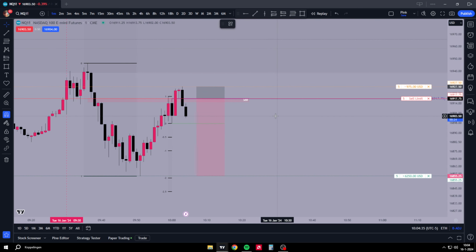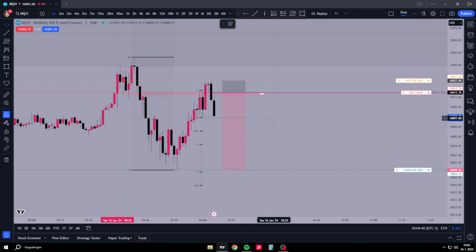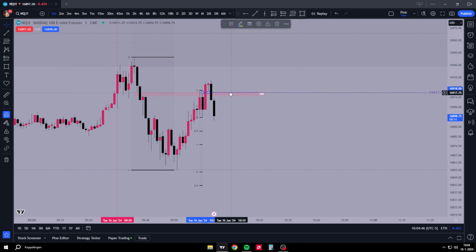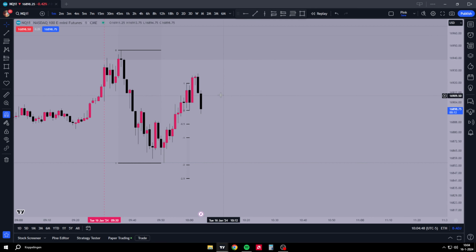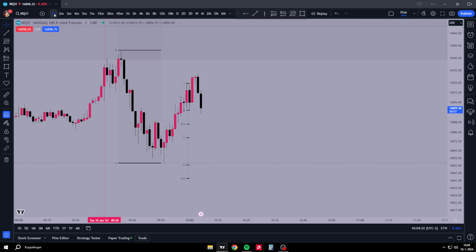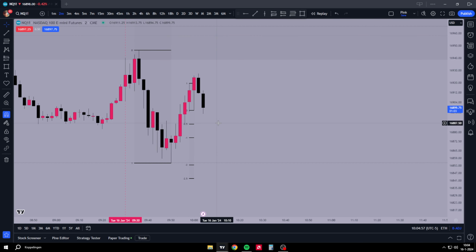There. All right. Not a valid entry anymore. Singular value gap in this entire range would be right here.